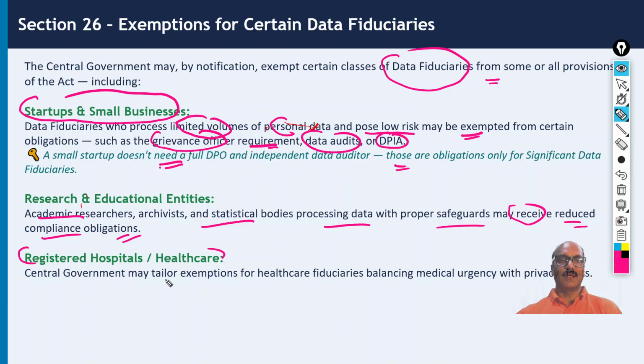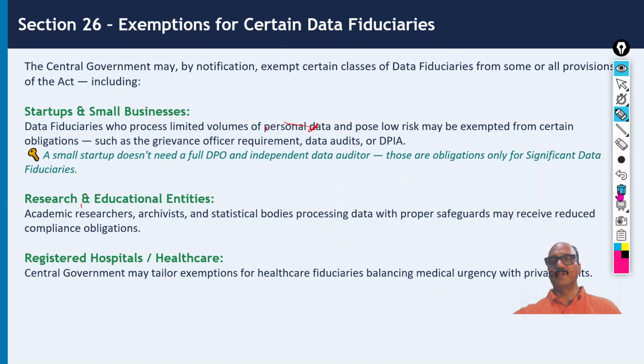And also for healthcare, right, to deal with medical emergencies, privacy, small health units, if they have to do their work, you can't impose on those organizations, which in general, as I keep mentioning, are data fiduciaries. So it is balancing medical urgency with privacy rights. So certain exemptions are necessary for those reasons listed.